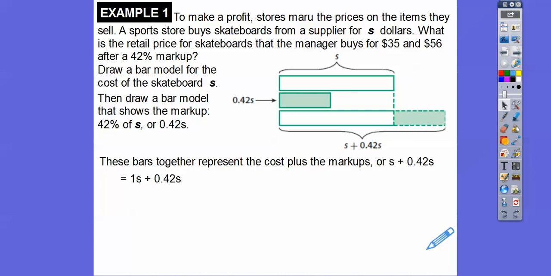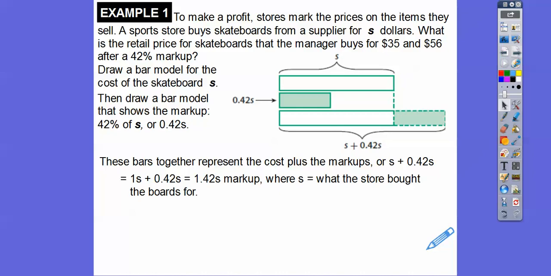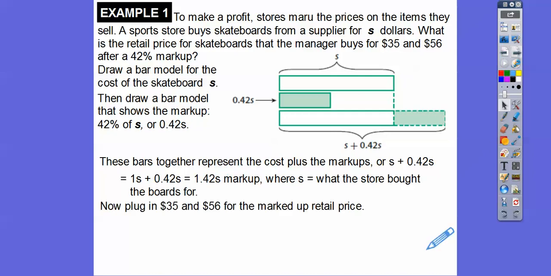So these bars together represent the cost plus the markup, or S is 1S, so 1S plus 0.42S is going to get us 1.42S right there, where S is what the store bought the boards for. It says they bought them for $35 and $56. So now we can find out how much they're going to sell them for by plugging 35 in right there and 56 in right there, and that'll tell us what the store sells them for.